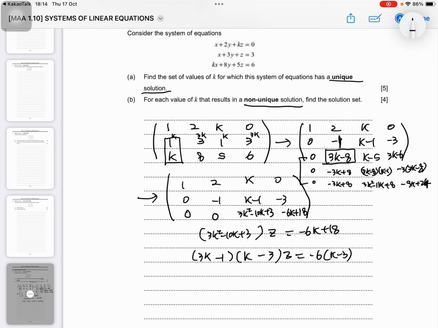So if we want a unique solution, z equals negative 6 times k minus 3 over 3k minus 1 times k minus 3, and we cancel them out.